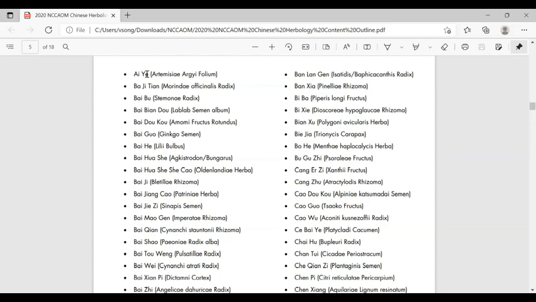Okay, the next one we have is 百合, lily bulb. This is the one coming from the category of tonifying and nourishing yin herbs. So 百合 lily bulb is focused on lung and heart. From here we can see that it has an aspect focused on lung, to nourish lung yin and stop cough.